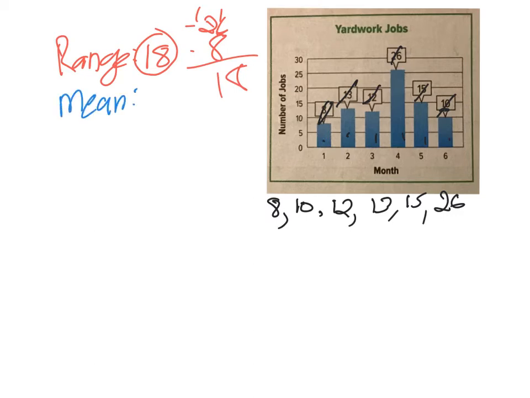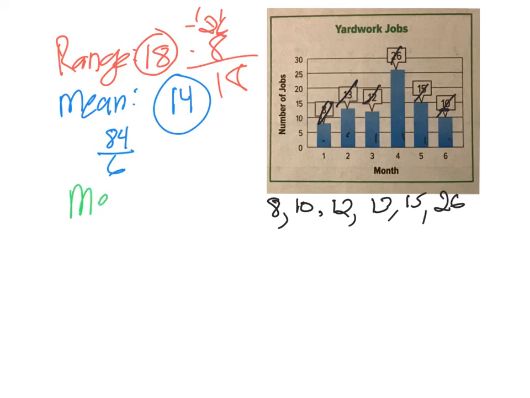Okay, I'm going to add all the numbers up. 8 plus 10 plus 12 plus 13 plus 15 plus 26. So the total gets me 84, but then I have to divide that by the number, and there's 6 of them. So 84 divided by 6, we are at 14. So the mean is 14.